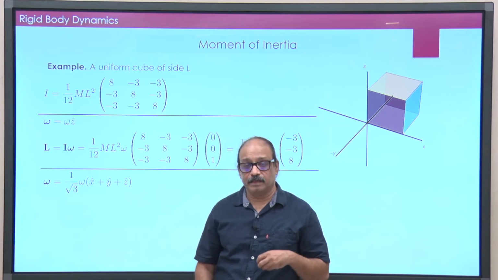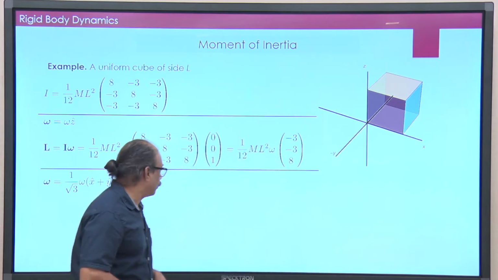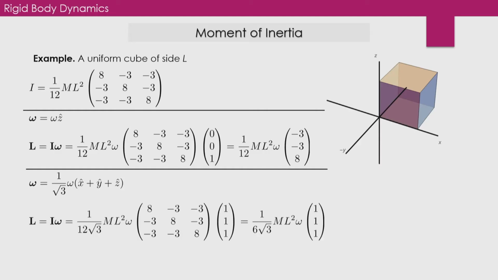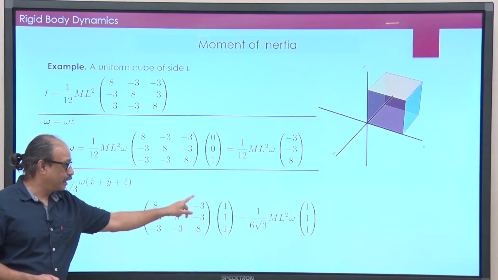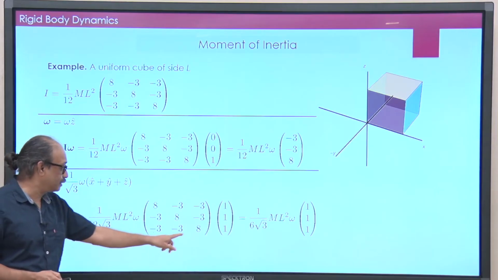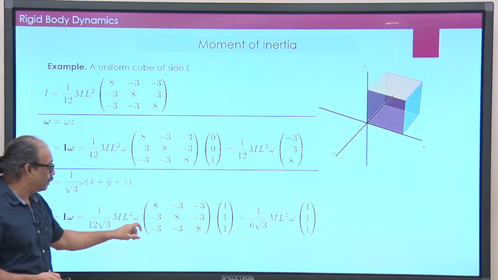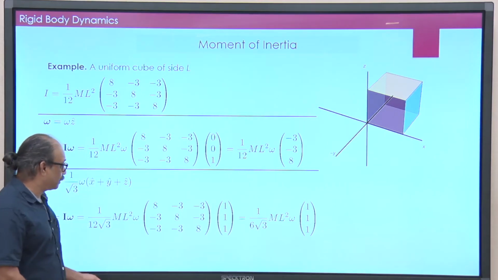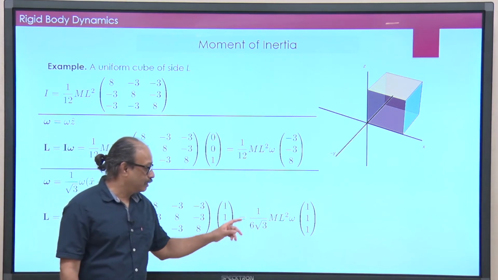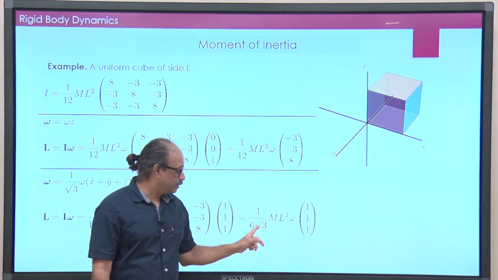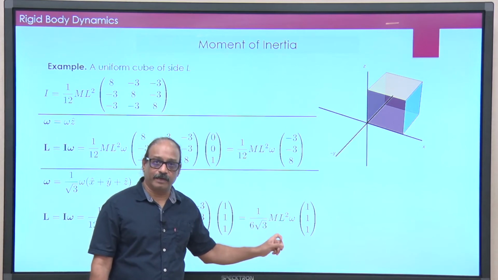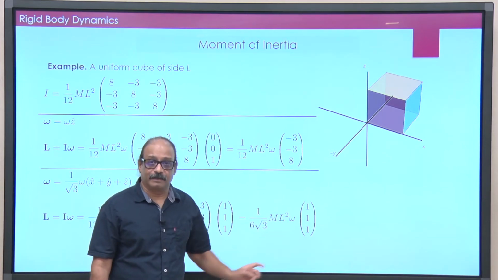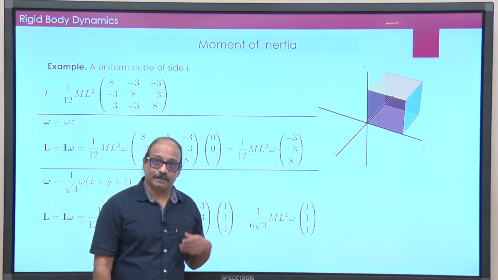Now, what would be the angular momentum? Same procedure, calculate this. L will be equal to I omega, then you have 1 over 12 ml square and this I tensor, and omega into 1 1 1, and then there is 1 over square root 3. Multiply this, and surprisingly it will be 1 over 6 square root 3 ml square omega, but look at the vector, it is 1 1 1, which is parallel to omega.